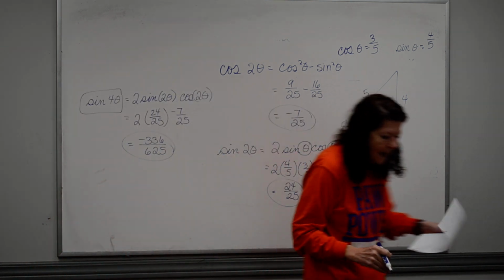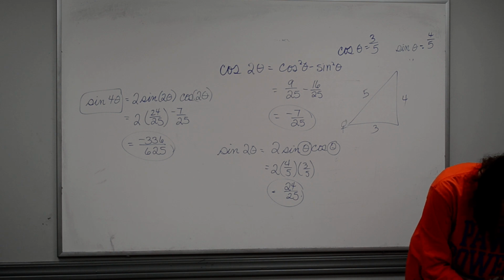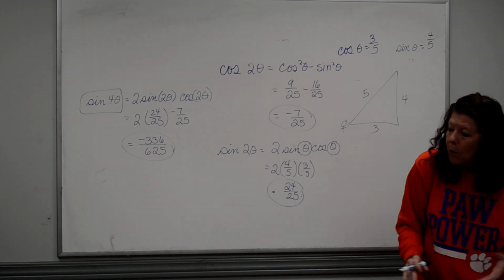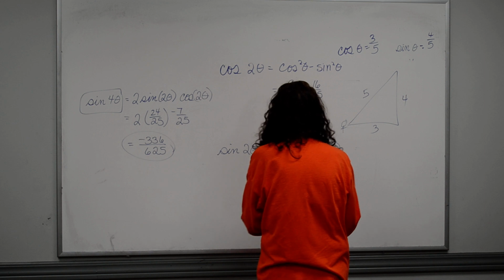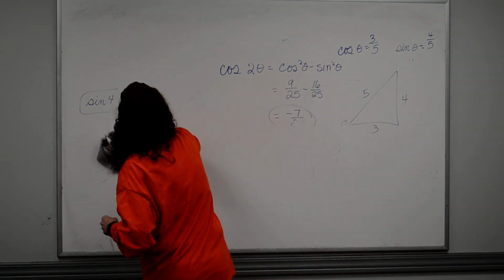All right, so that's that section. Then you moved on to section 7.5. You solved equations in this section. So you applied all your identities and then solved equations.